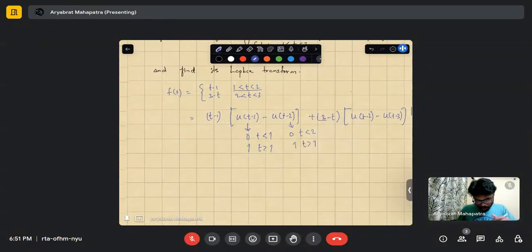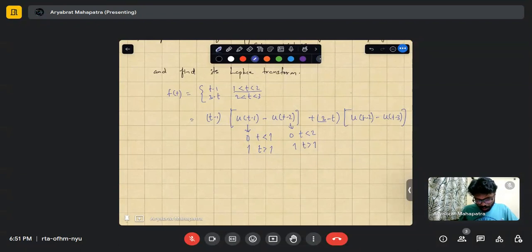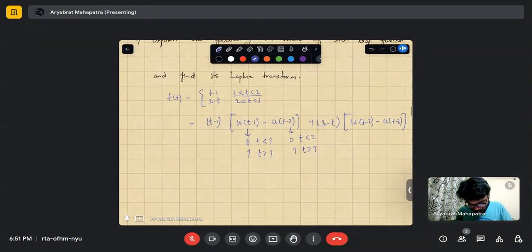So using this, let's say my t is something like 1.5. So my t is 1.5.